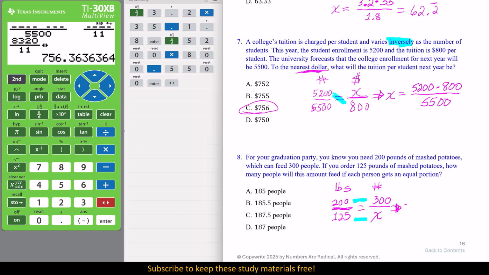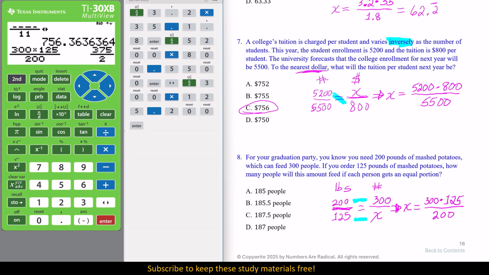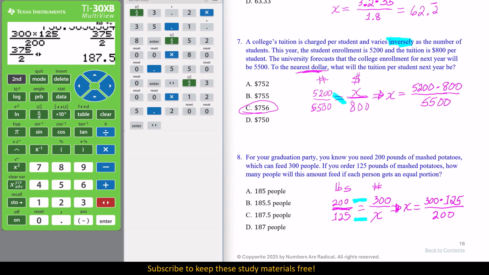And for the calculator, we need to put in 300 times the 125, all divided by the 200. Okay, well, let's give it a go and see what happens. All right, let's see. There's our fraction, and 300 times the 125, arrow down, 200, push enter. Oh, we need our toggle.